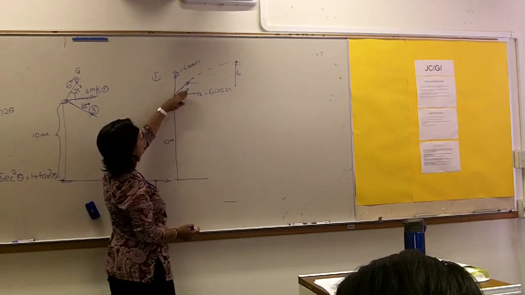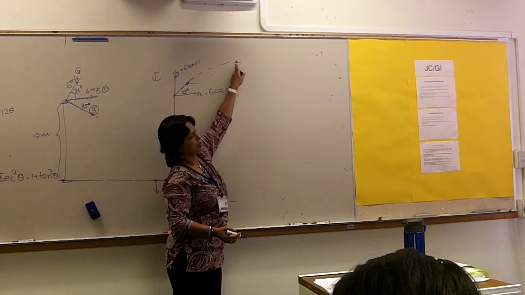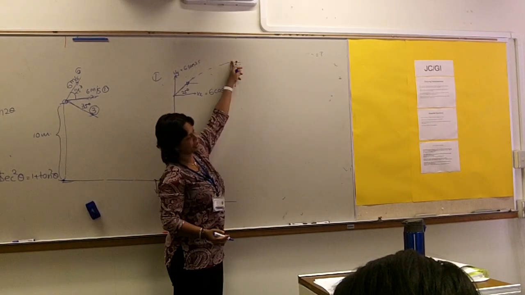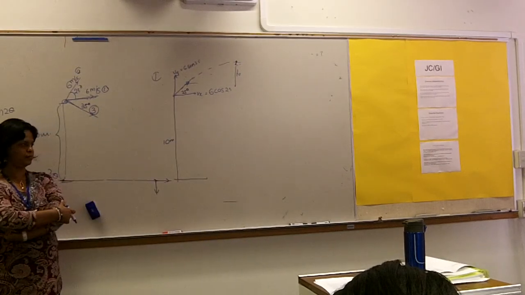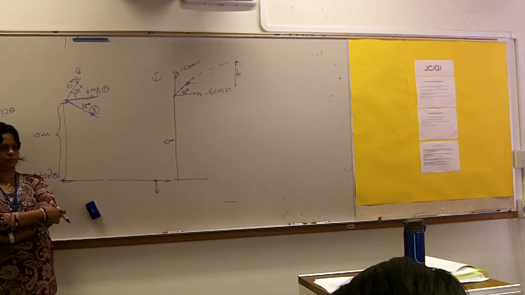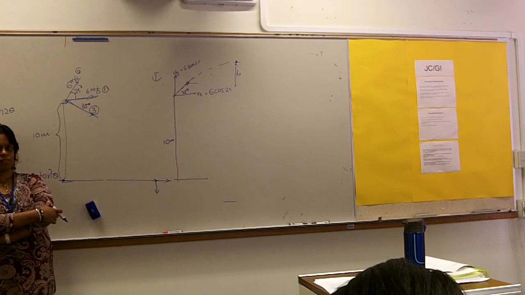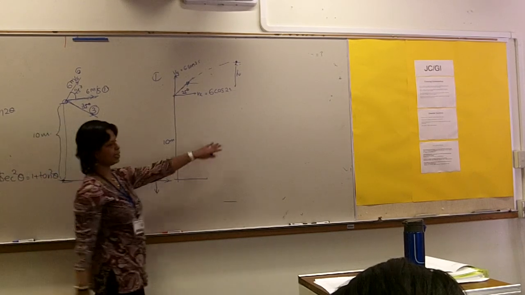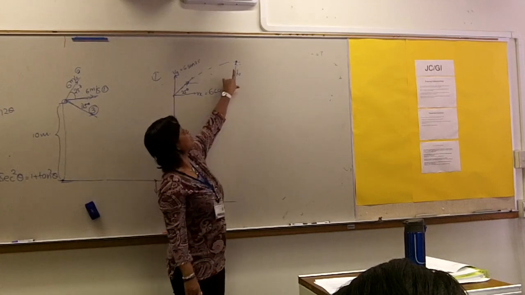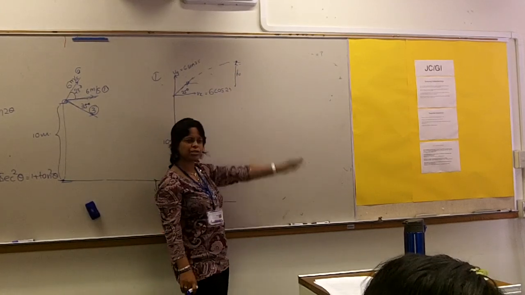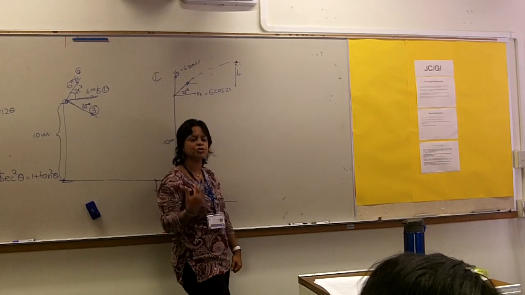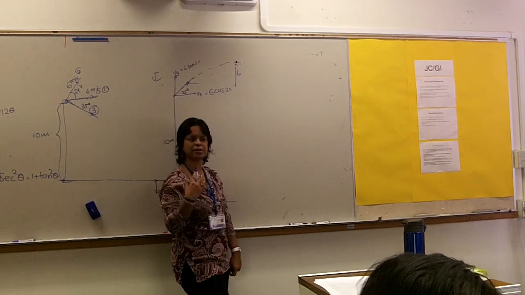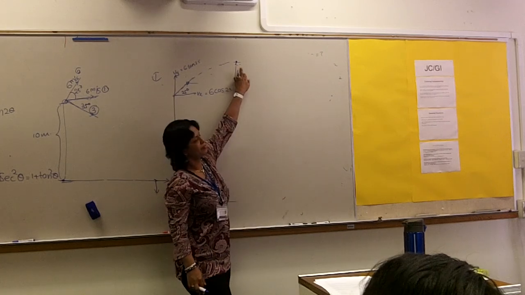Now you are going to find how much higher it will reach before it drops. How do you find that? In order to find this height, what do you need to know here? You should know what's happening here.